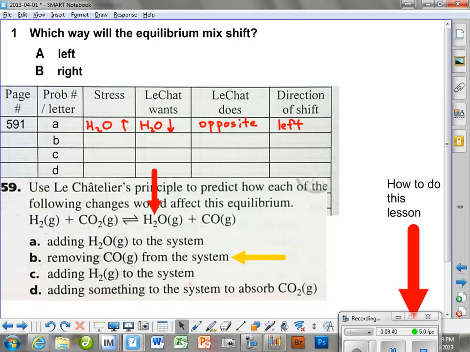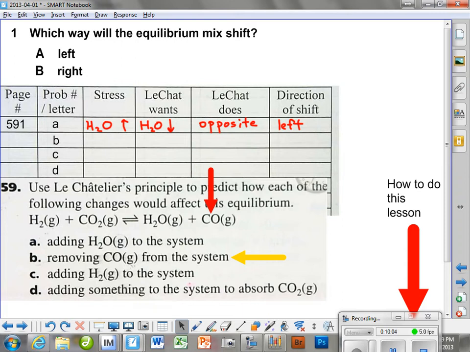Think for a moment what the stressor is, and stop the tape if you have to, but think about it for just a second. Now, I'm going to identify the stressor as carbon monoxide. Now we have carbon dioxide over here, but the one that we wanted was carbon monoxide.